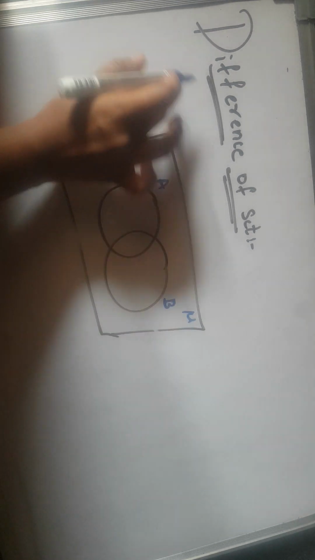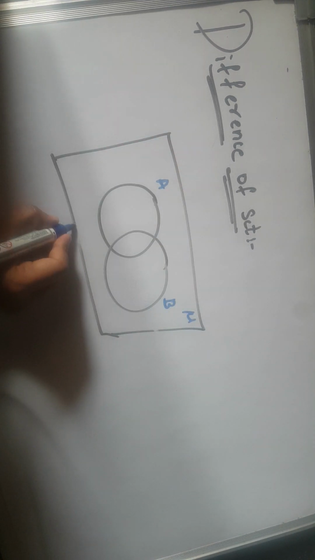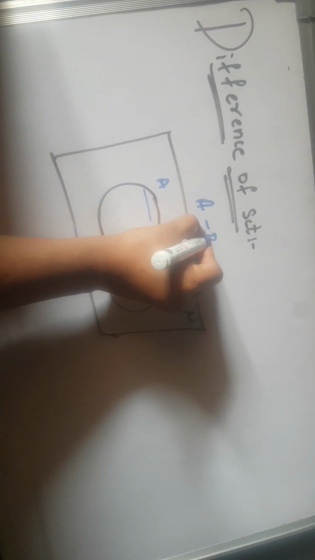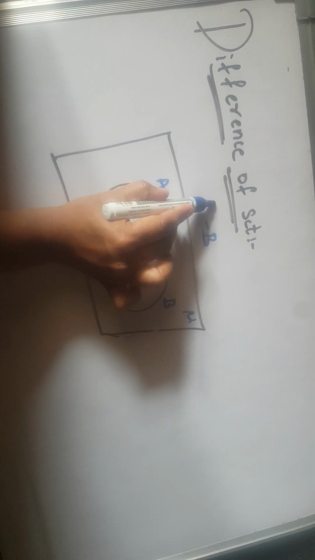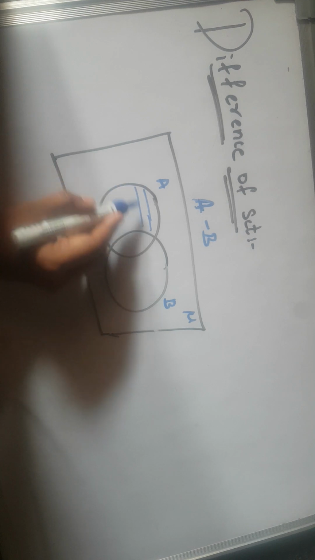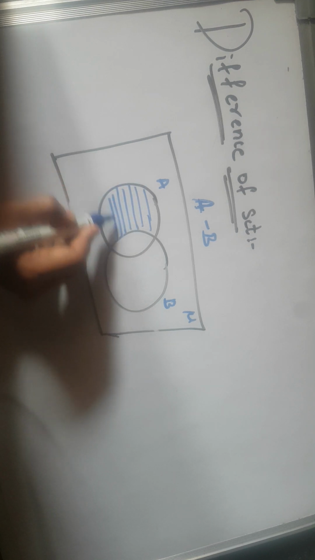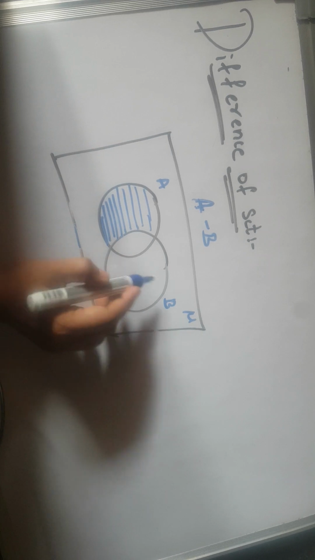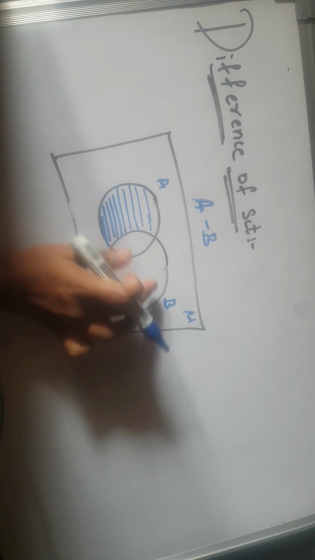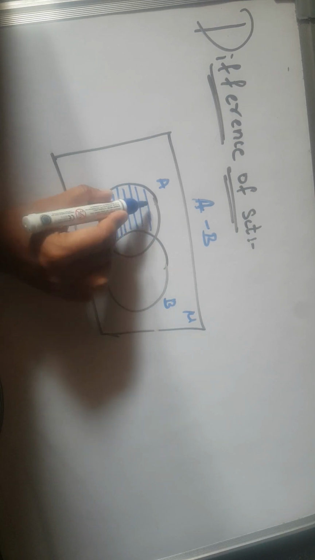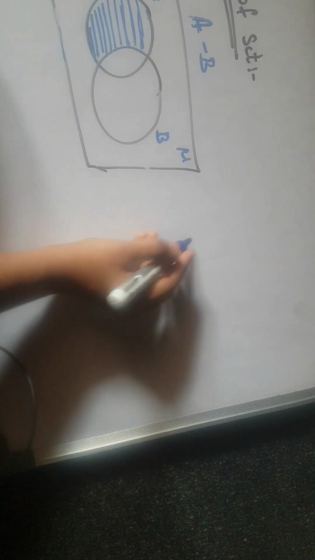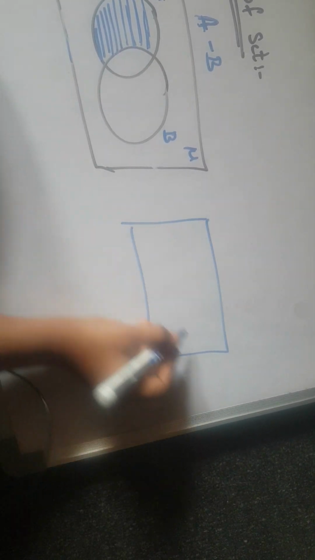Now take the difference of sets. Difference of sets can be written as set A minus set B. In set A minus set B, you have to take only the elements present in set A only. You can't take the elements present in set B, nor the intersection of sets, the common elements of A and B. You can take only the elements present in set A only.